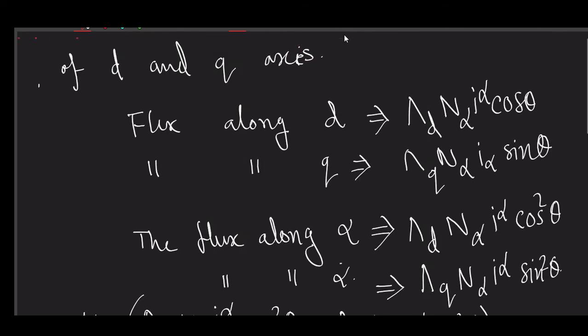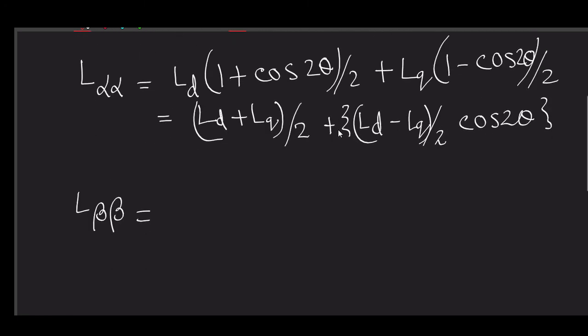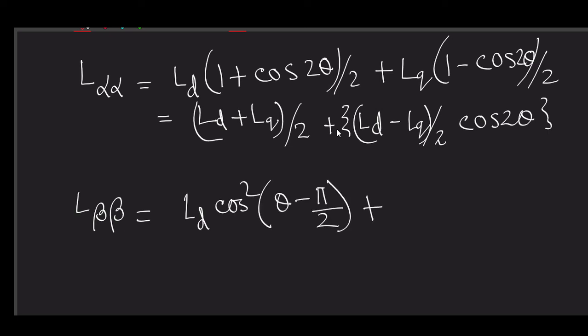So just doing that necessary change, let us start from here: it is LD cosine square, instead of theta now it is theta minus pi by 2, and LQ sine square of theta minus pi by 2.